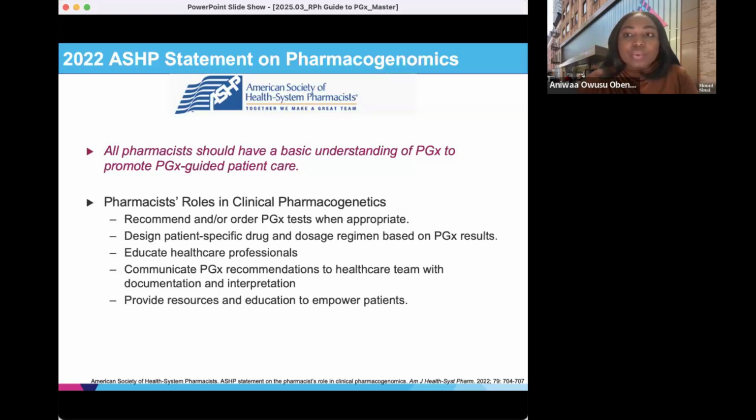One of those roles was to recommend or order the pharmacogenomics test when appropriate, and that pharmacists should be able to design patient-specific dosing and drug regimens based on their pharmacogenomics results, that pharmacists should be able to educate healthcare professionals and communicate pharmacogenomic recommendations to the healthcare team, and in so doing, be able to document that and be able to interpret that information.